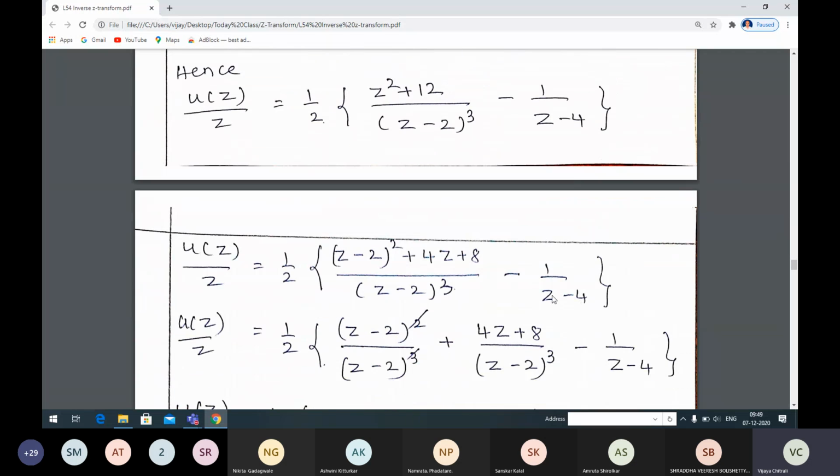And this is as it is: 1 divided by z − 4, and this is as it is, right?